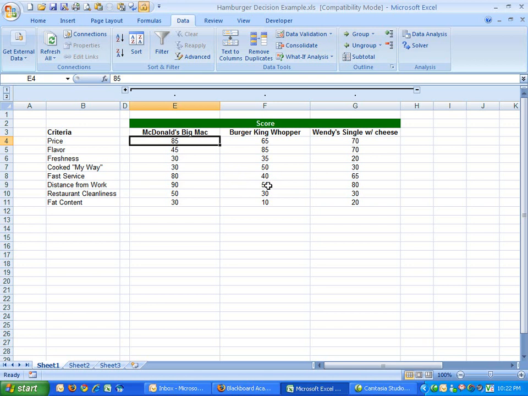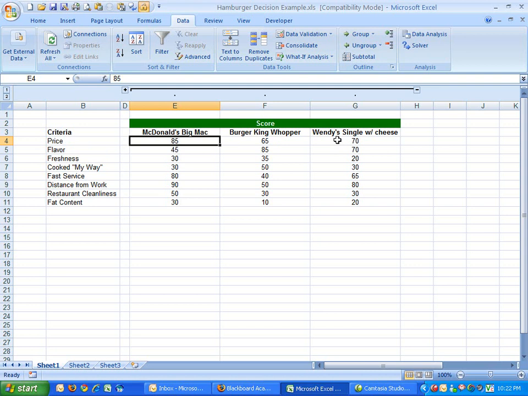Now, I've simplified this by just giving rates for each of these 3 hamburgers for each category. In real life, it may not be easy to come up with the rate itself. So for instance, on price, what we may know is the price. The Big Mac may be $2.25, the Whopper may be $2.45, and the Wendy's may be $2.30.